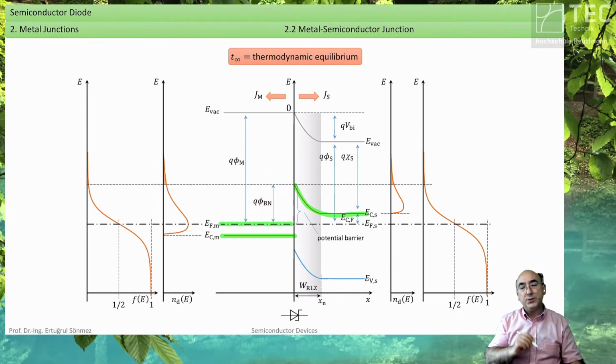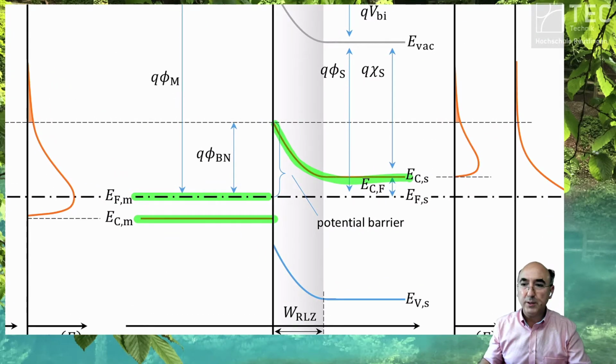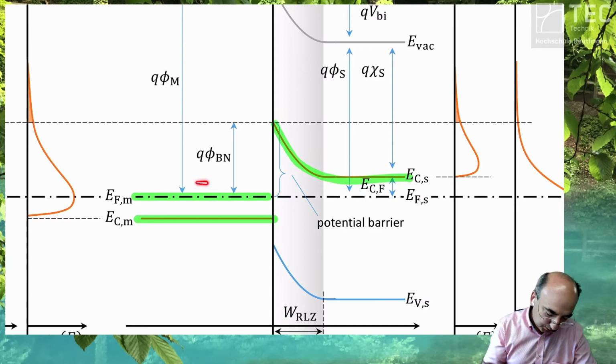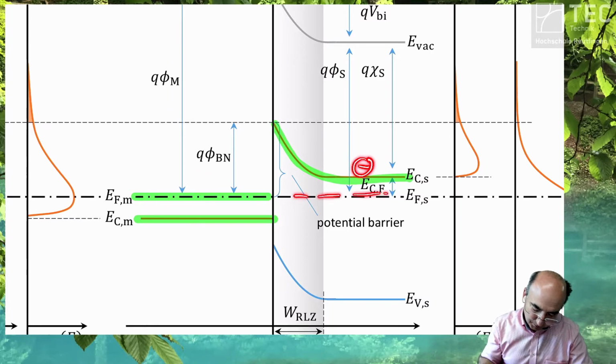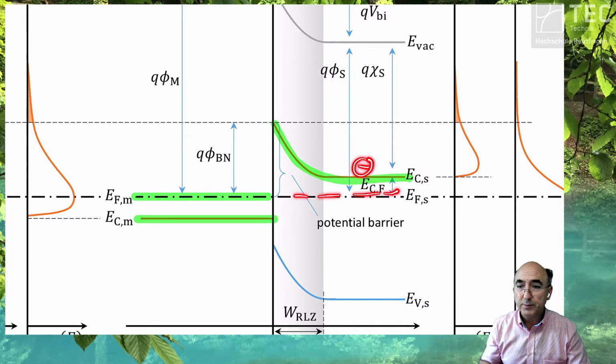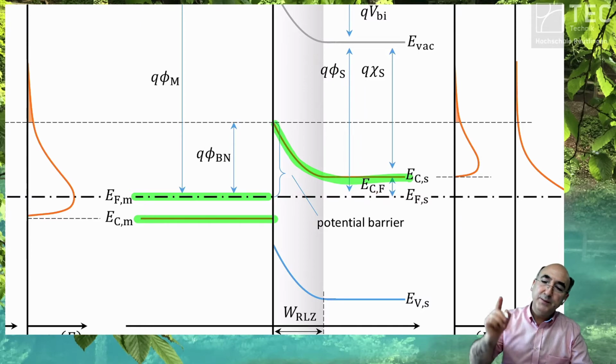Okay, so if you take a Schottky current, what we are talking about at the moment, the electrons in the metal are majorities. The electrons in the N-type semiconductor are majorities. You don't have this lazy, slow diffusion process.